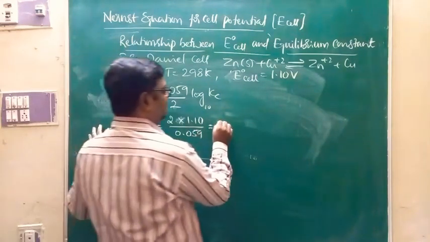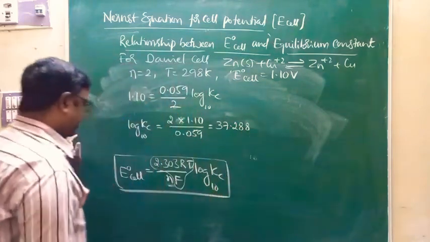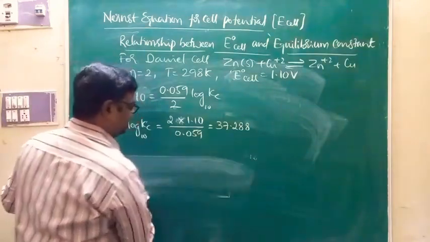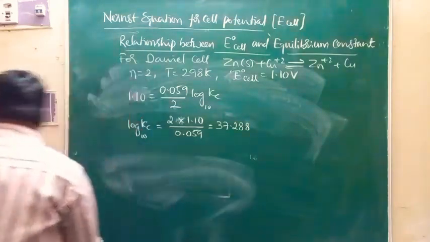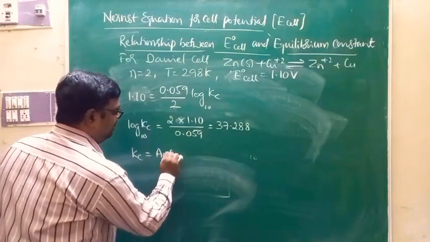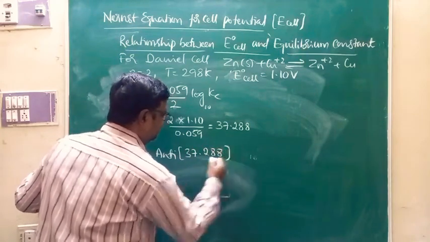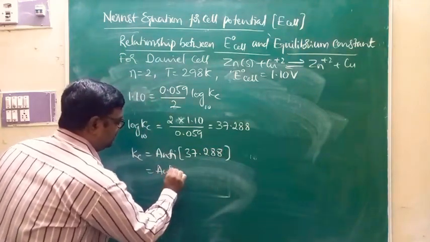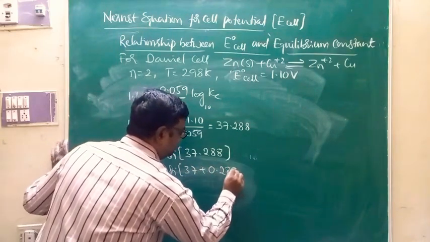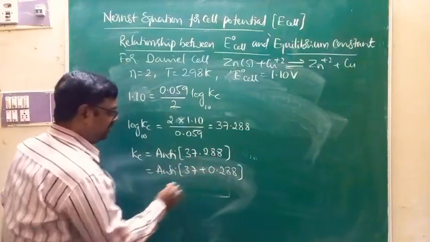Now I want Kc here. So log Kc is equal to 37.288. Therefore Kc is equal to the anti-log of 37.288, or you can write it as the anti-log of 37 plus 0.288. We had written 37.288 as 37 plus 0.288.